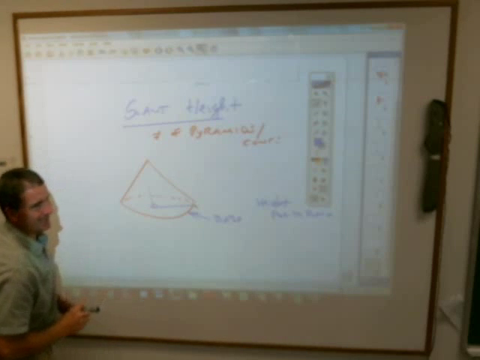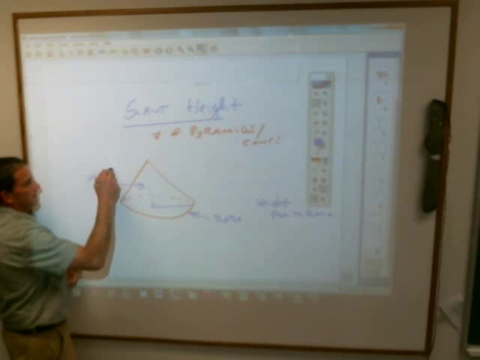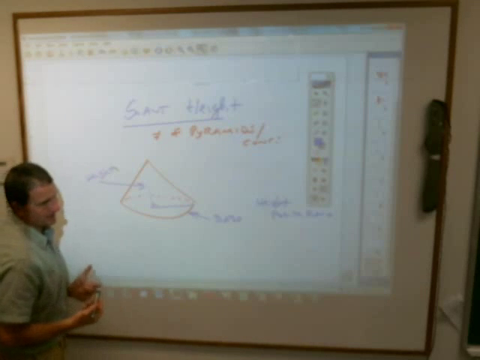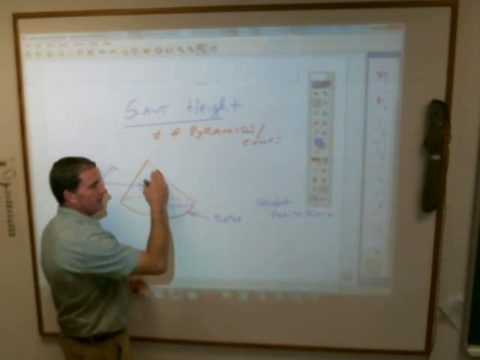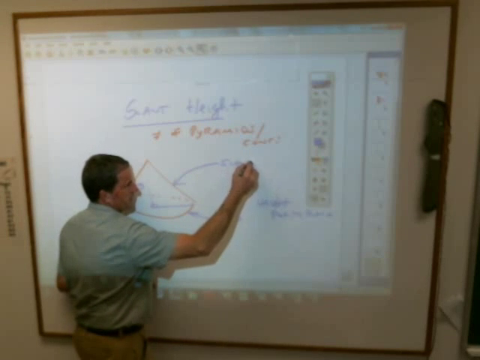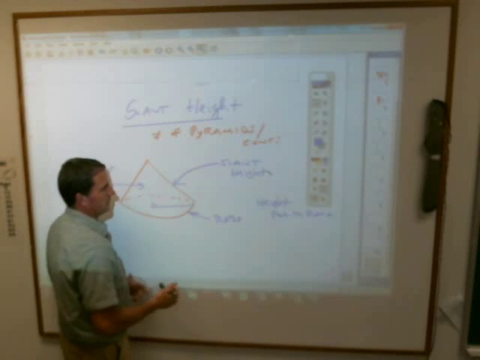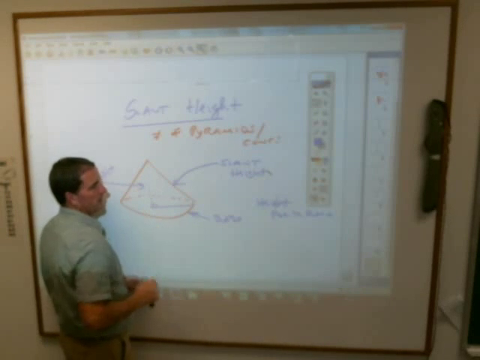But when you're talking slant height, it is just like it says. It's really the height of the slanted part of the cone or pyramid. The slant height would be this height right here.